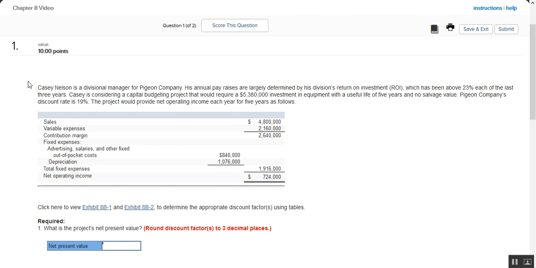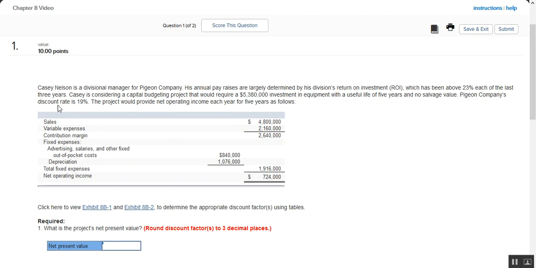So if you think about that, I remember return on investment, we've looked at it in the past, is just the gain on an investment minus the cost of an investment. So basically, kind of what you've cleared on the investment divided by the cost of investment. So that's what his annual pay raises are based on, a calculation that's based on return on investment.